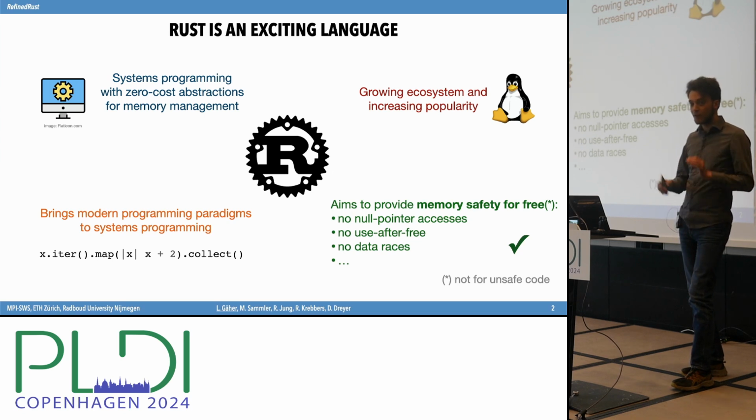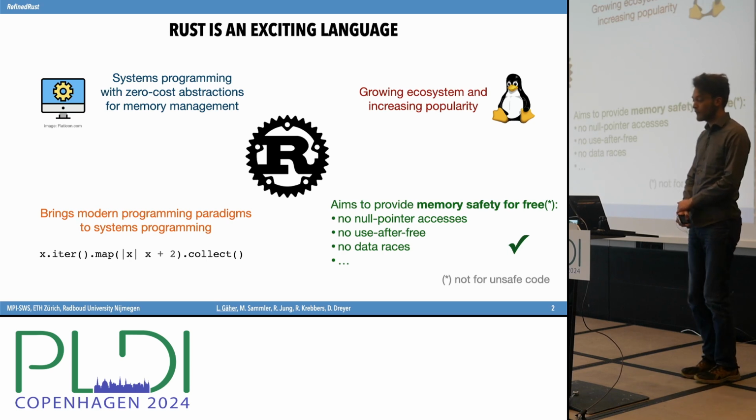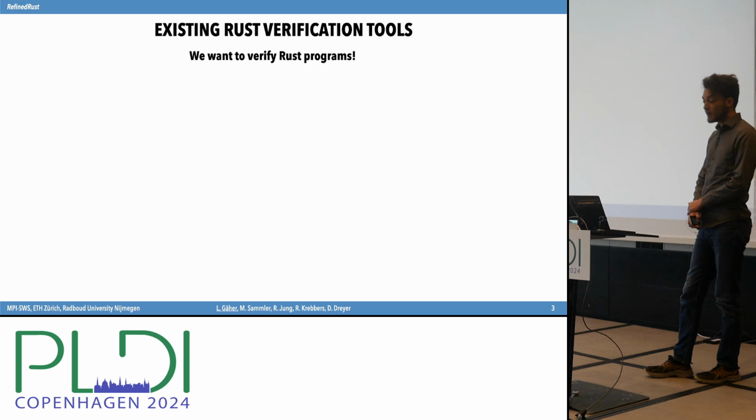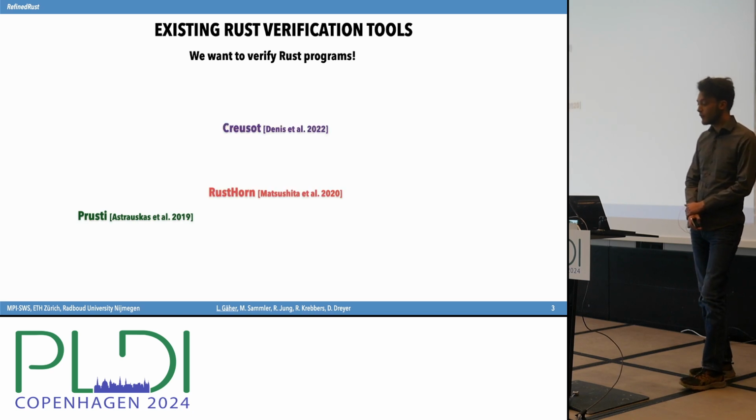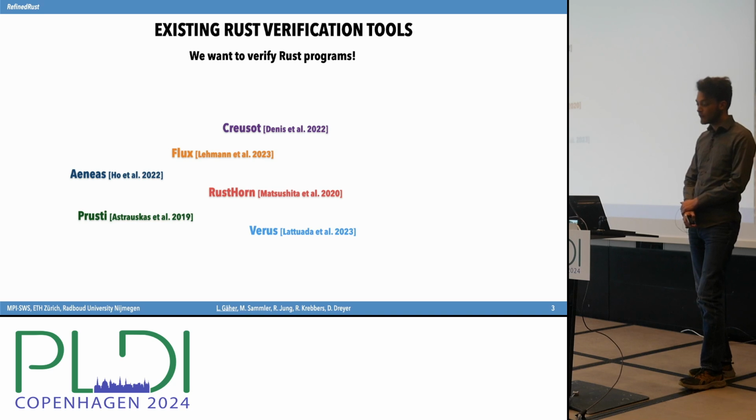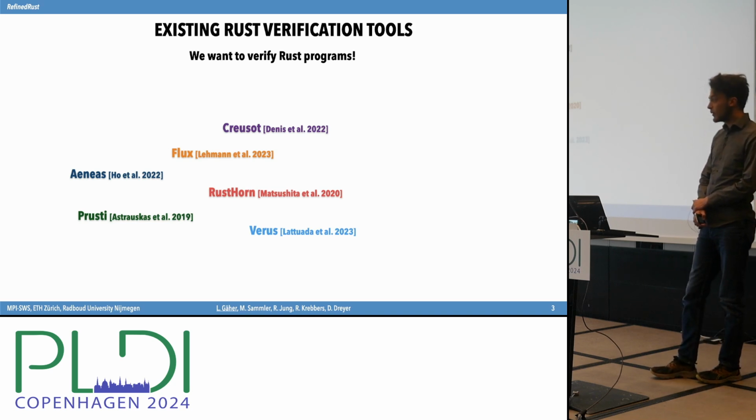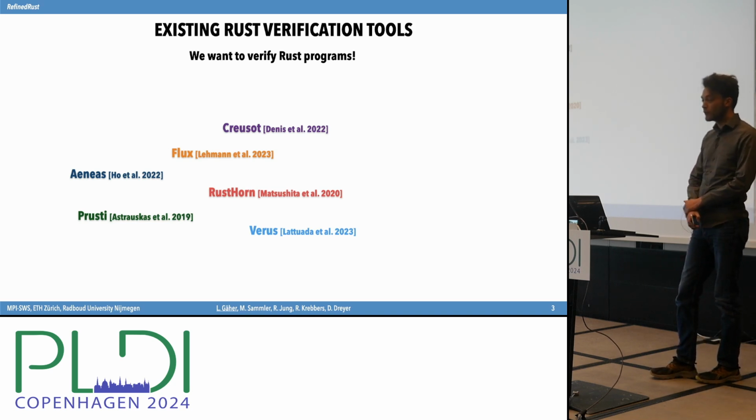Now, if you want to get even higher assurances than just memory safety, one way to do that is to do formal verification. And today there are a number of great tools and approaches available for doing formal verification in Rust, like Prusti, RustHorn, Creusot, Aeneas, Flux, and Verus, and a great many other tools. And many of them have already been shown to be of high usefulness in practice. However, there's one catch.